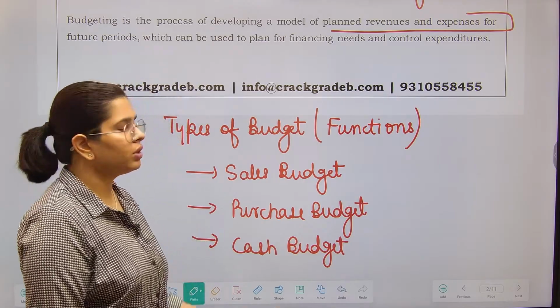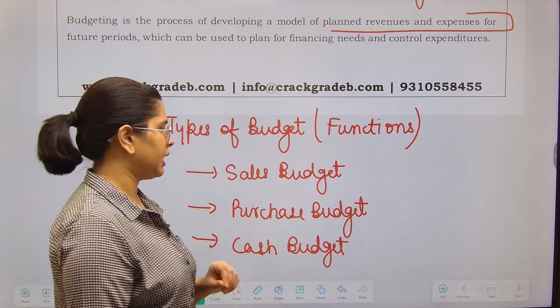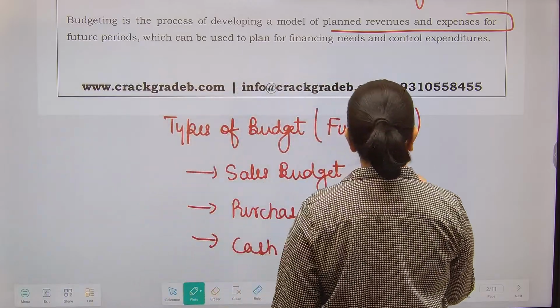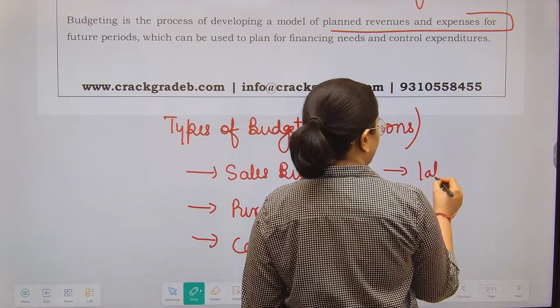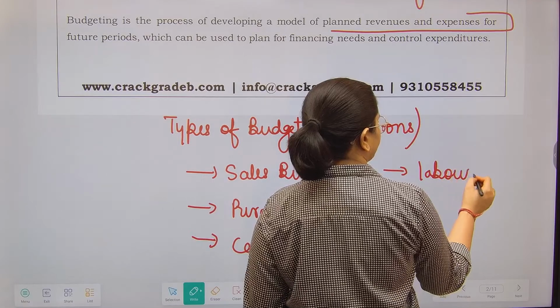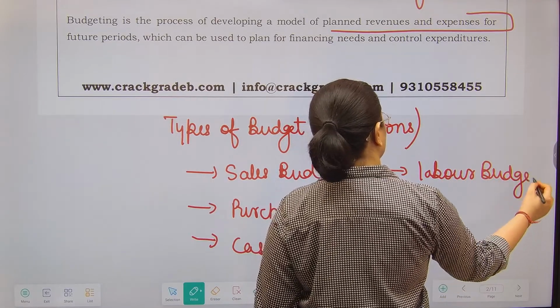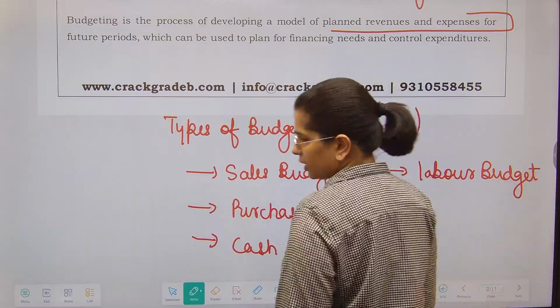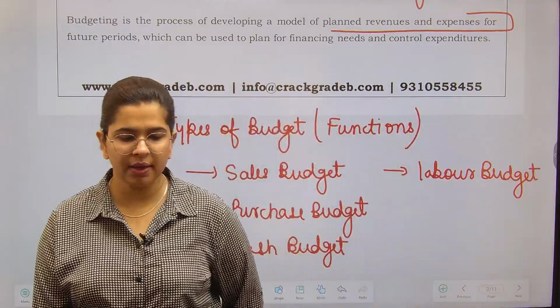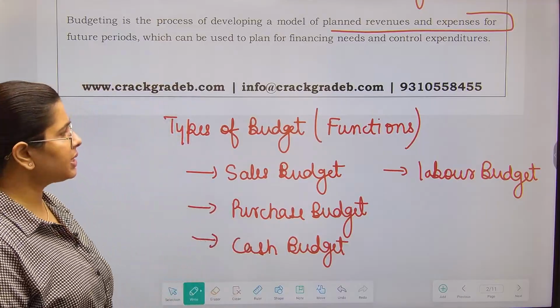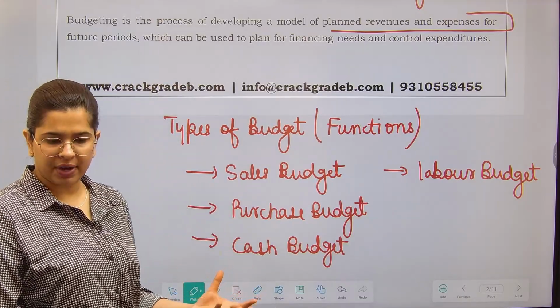Yes. So these are based on the functions. Like you might be having labor budget as well, also called the manpower budget. ठीक है, क्या बोलते हैं? मैन पावर बजट भी बोलते हैं. Okay, so this is types of budget based on the functions.